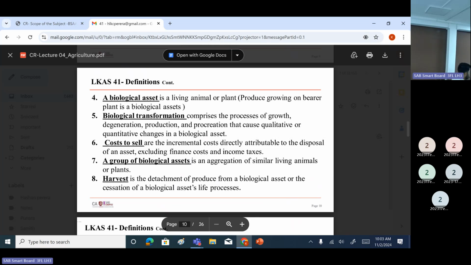So all those things we can consider as biological transformation and agricultural activity. As a result of agricultural activity, we can see a transformation in the biological asset. That is called biological transformation. If I ask for examples of biological transformation in the exam, you should be able to mention them with examples.